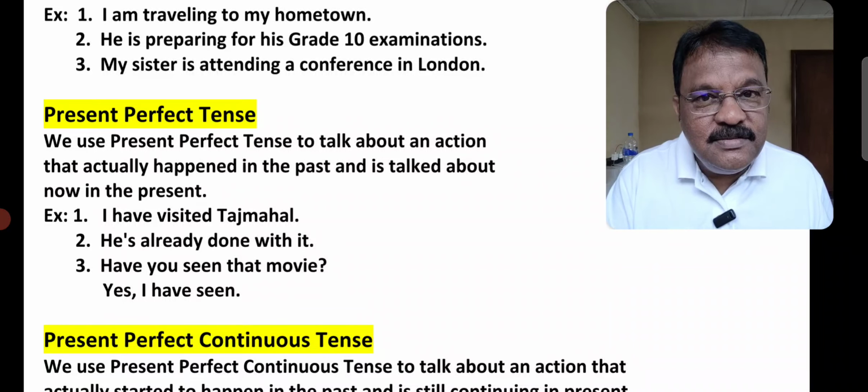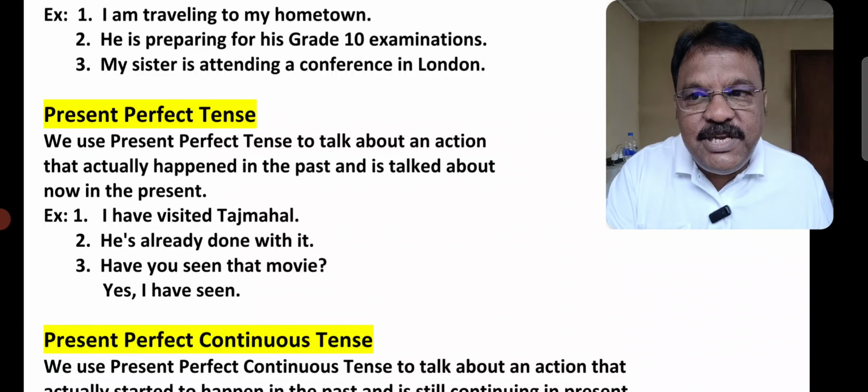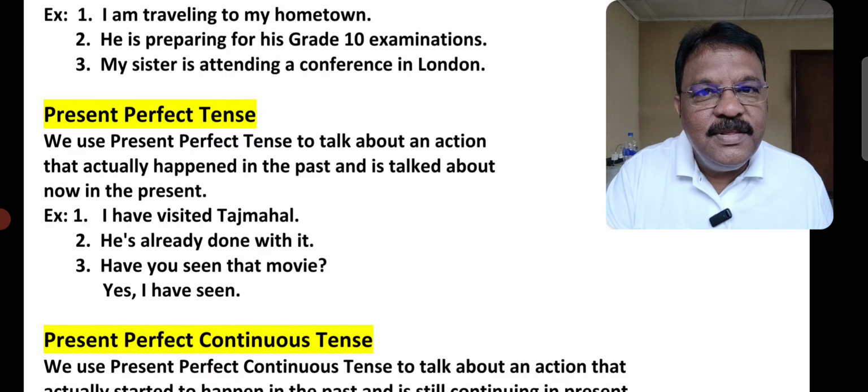And your friend replies, yes, I have seen. So this conversation is now between you and your friend. But the action of the sentence was done in the past. Do you agree in this question? Have you seen that movie? And in the reply, yes, I have seen that movie.